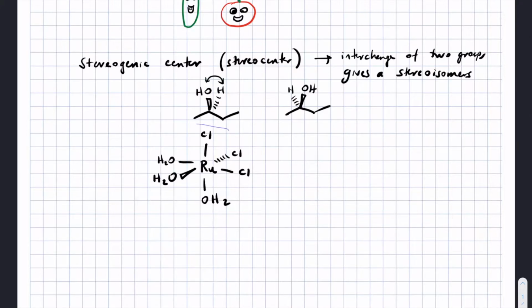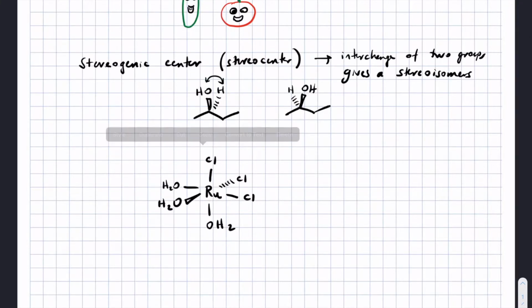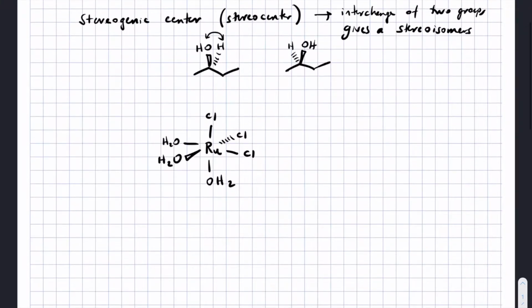It turns out that even though we've got three of one and three of another, if we swap two of them, we've got a stereoisomer. And this can be difficult to see if you don't make a model. So you may have to convince yourself that this is true.